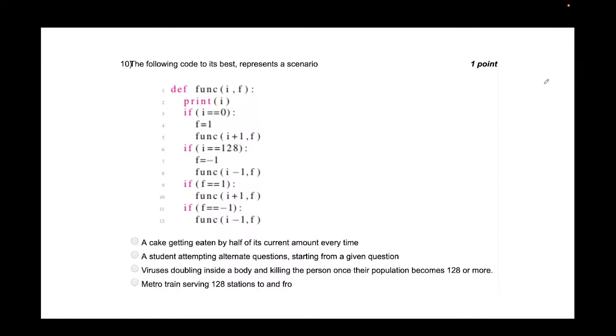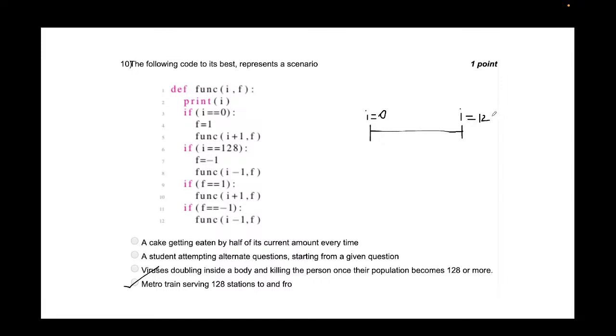So in this case, the real life scenario is the metro station. If we take this as the start of the metro line and this as the end, then over here, I is the station number. So this is I equal to 0, and this is I equal to 128.